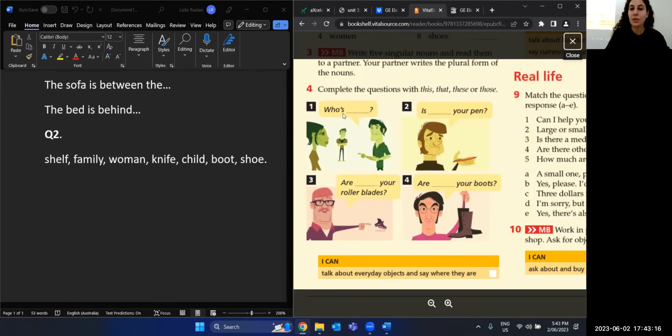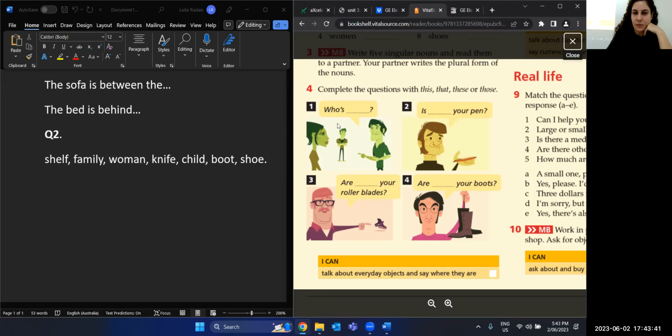So what would the first question be? We've got two people talking to each other and someone is far away. So remember, this is close, that is far away for singular. These is close, many, these, and those are far away. So this man is far away from this man.